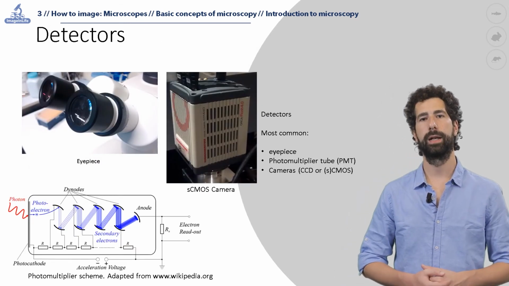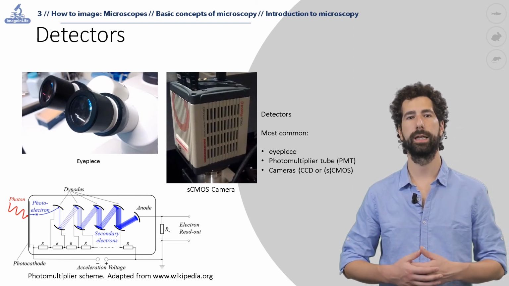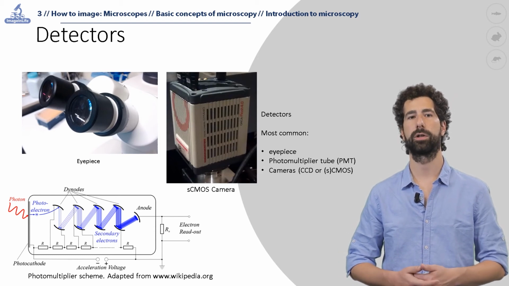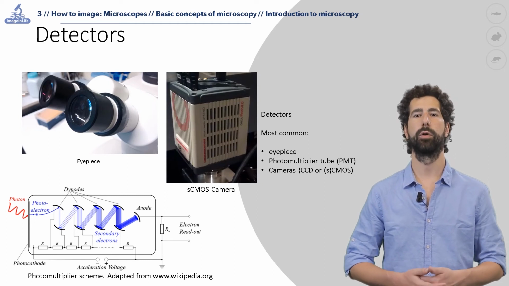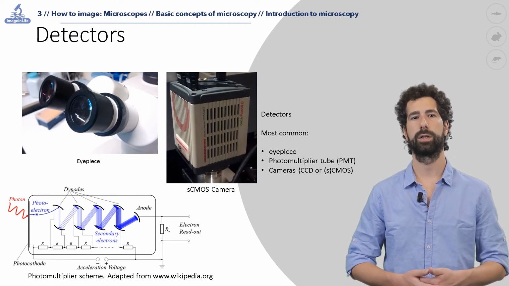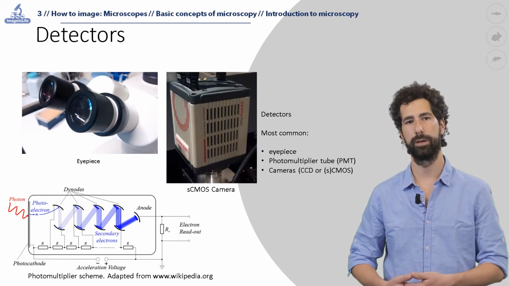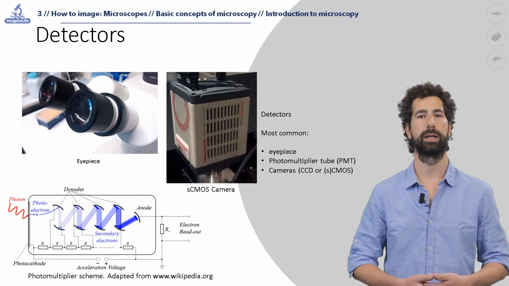So, as said, the tube lens refocuses the light onto the detector, which is placed at the so-called image plane. There exist different types of detectors, the most common of which are the eyepiece lens and the user's eyes, the photomultiplier tube, which can record the incoming intensity without being able to spatially discriminate the source, and the camera, which can discriminate the source of the incoming light.